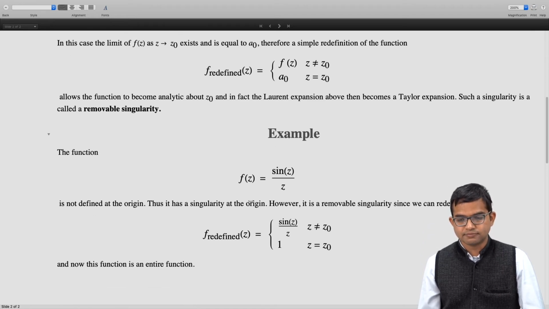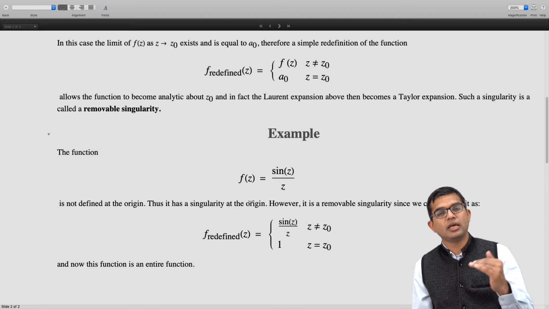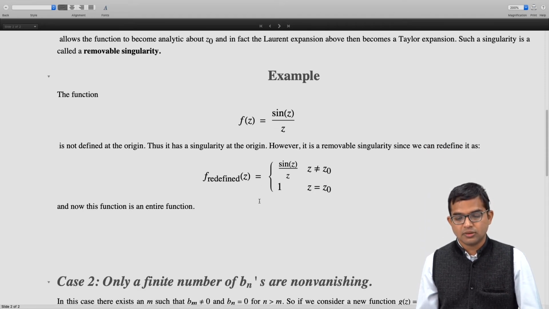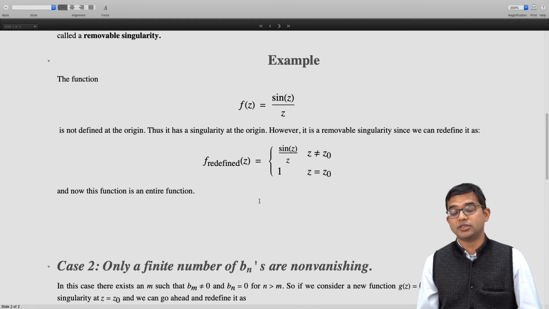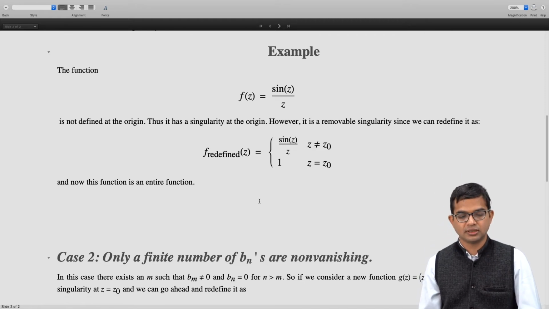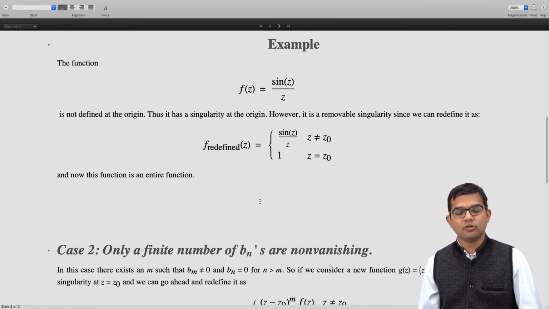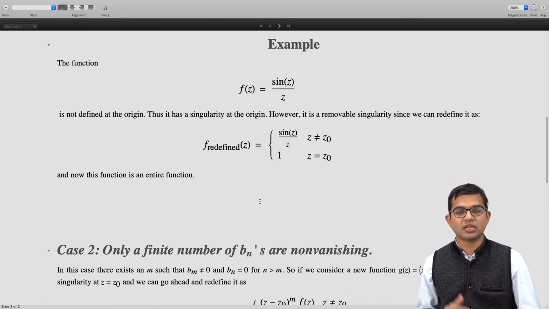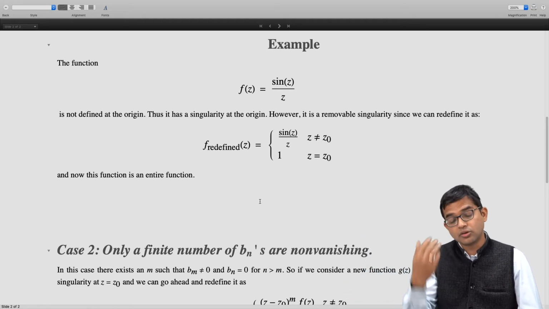Now let's look at case 2, when some of these coefficients Bn's are non-vanishing, but not all of them. So a finite number of Bn's are non-vanishing. Then you'll be able to find the largest index coefficient.